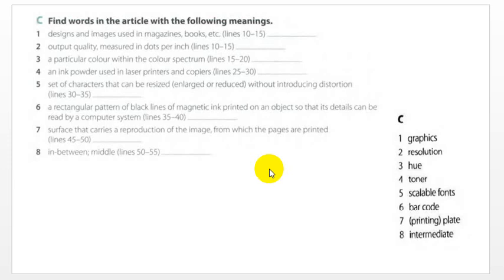A rectangular pattern of black lines of magnetic ink printed on an object so that its detail can be read by a computer system, that is a barcode.